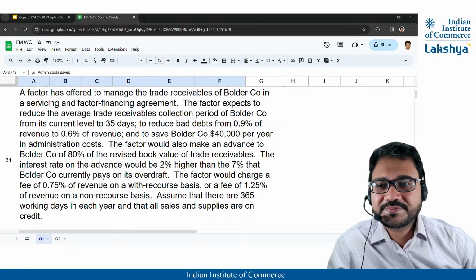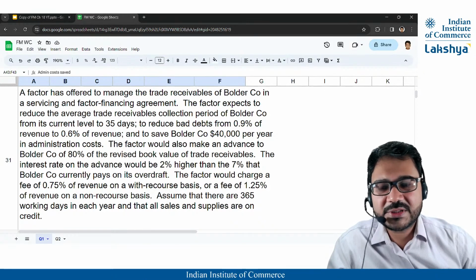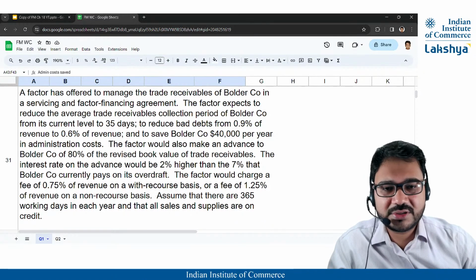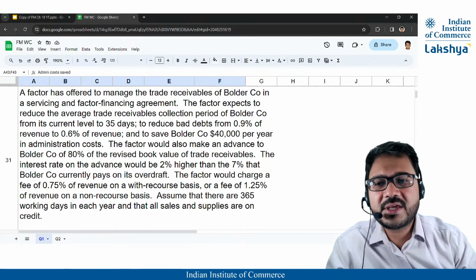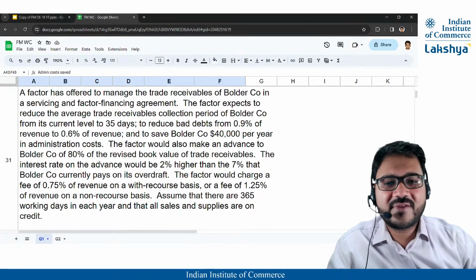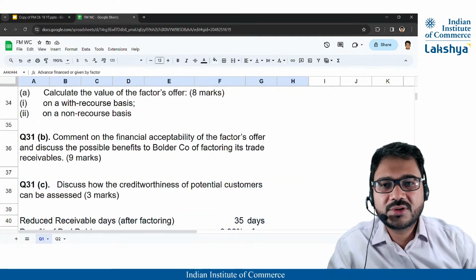Where were we? Yeah, the $40,000 we discussed. The factor would also make an advance of 80% of the revised book value of trade receivables. So whatever the new trade receivables would be, 80% of that will get funded by the factor. So we write that also.